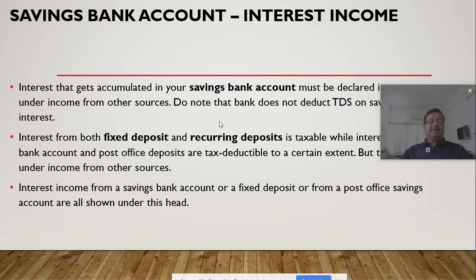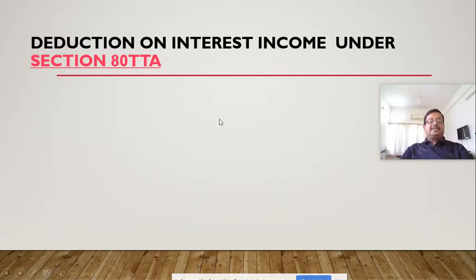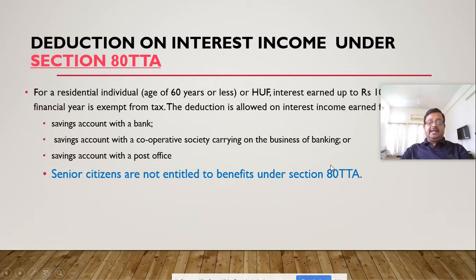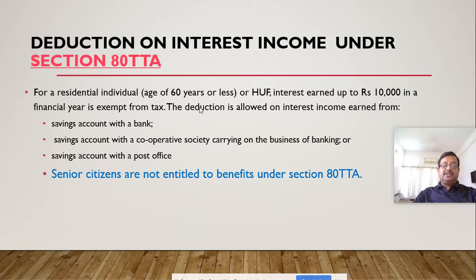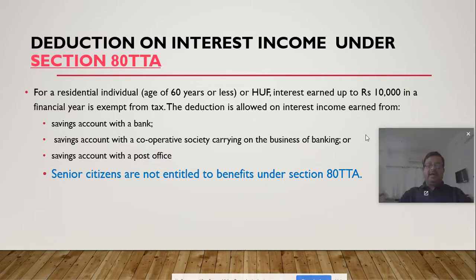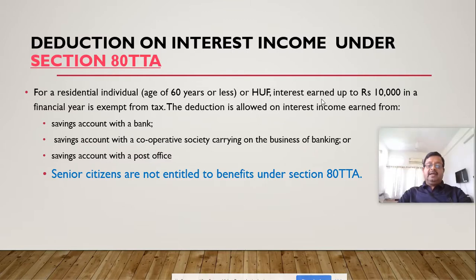Now let's see the deductions on interest income under section 80TTA. Make it clear that for a resident individual of age 60 years or less or a HUF, interest earned up to rupees 10,000 in a financial year is exempt from tax.